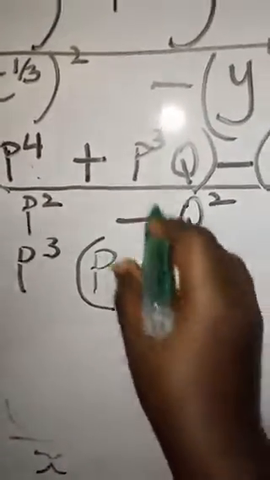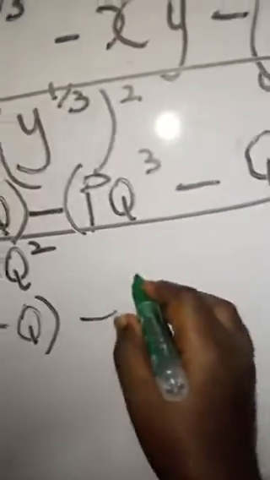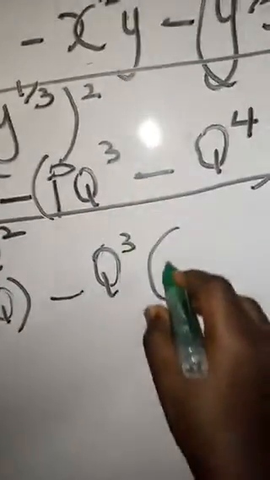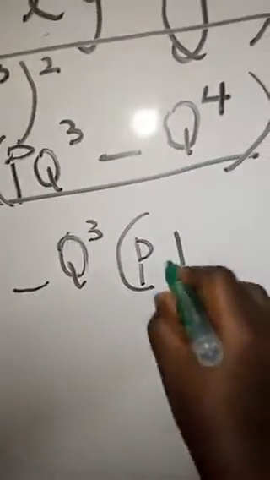Then plus p raised to power 3 will cancel p raised to power 3. Will be left with only q. Then minus the highest common factor here is q raised to power 3. Q raised to power 3 will cancel q raised to power 3. Will be left with p. And minus times minus will give us plus.